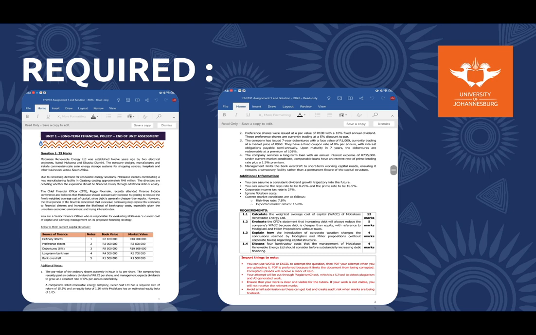Due to its increasing demand for renewable energy solutions, Mutlakasi intends constructing a new manufacturing facility in Gauteng, costing approximately 48 million. So based on this, you can tell that there is a new type of investment that the company needs to make, right?